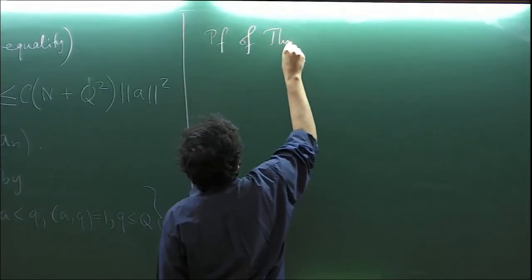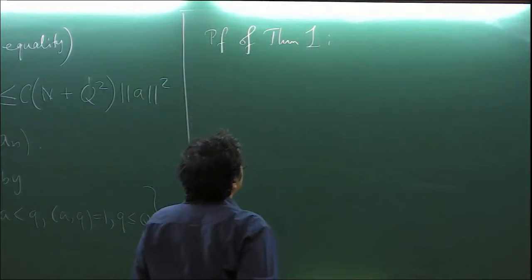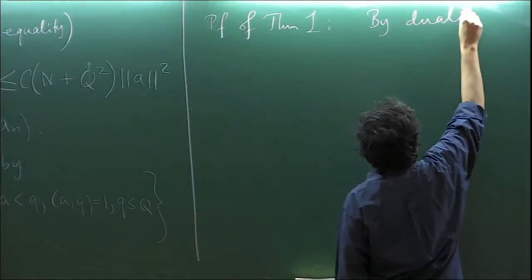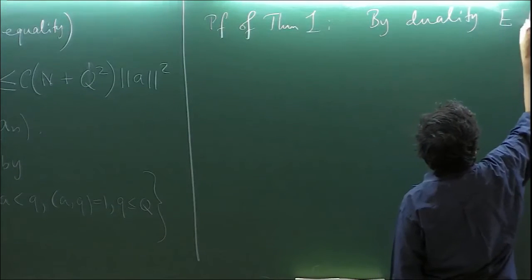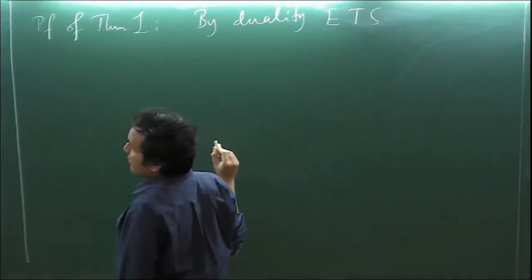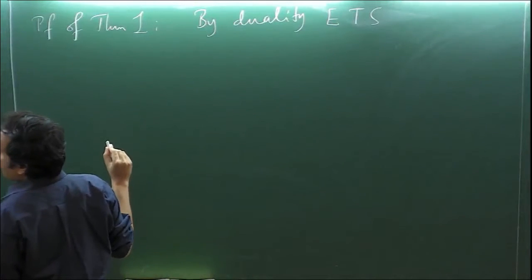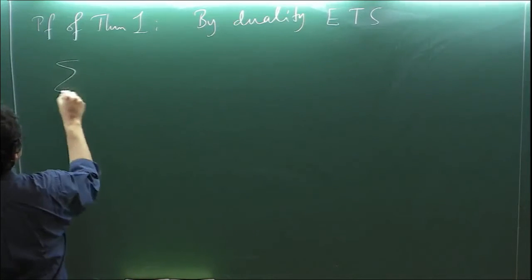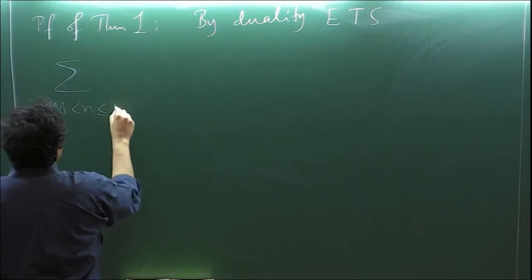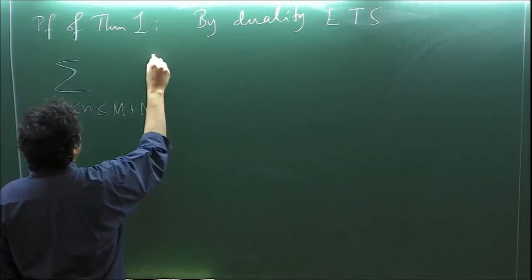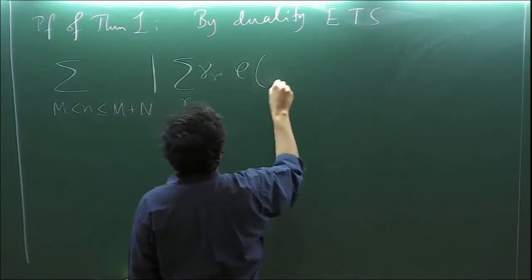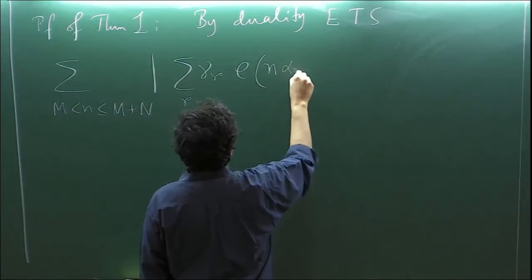So let's recall very briefly what we were doing. Proof of theorem 1. By duality, it is enough to show the following: instead of this sum, I will have the dual sum, so the sum over n will be outside, and then the sum of gamma r e(n alpha r).